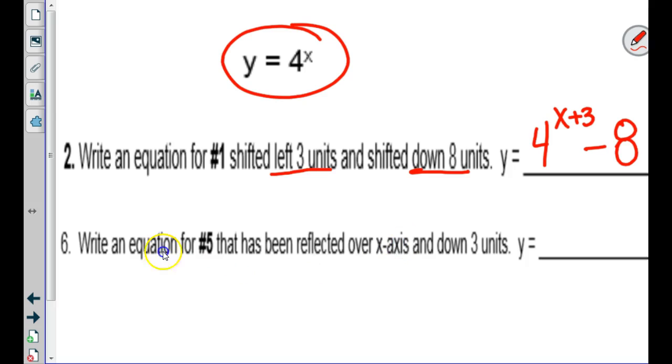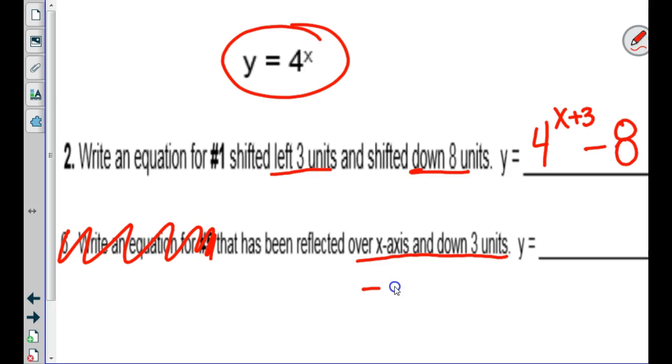All right, I just want to talk about this because the questions on the quiz aren't necessarily the same. What if it had said that same number 1 here over the x-axis and down 3? Over the x-axis would be negative on the whole function, right?